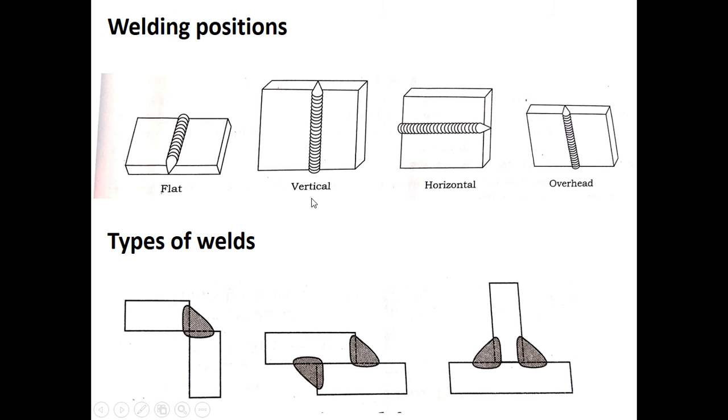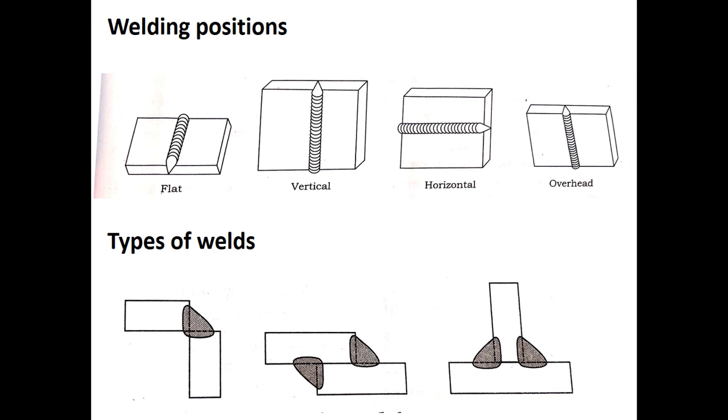Again, if you look at the welding positions, we have discussed the five basic types of weld joints like butt, lap, corner, T and edge. Now these types of weld joints can be made in any of these forms explained here, like flat, vertical, horizontal or overhead.